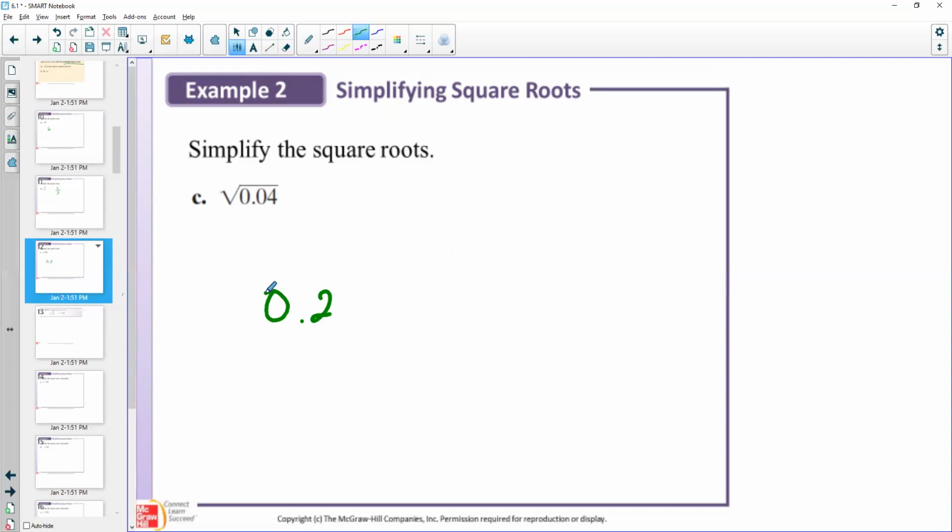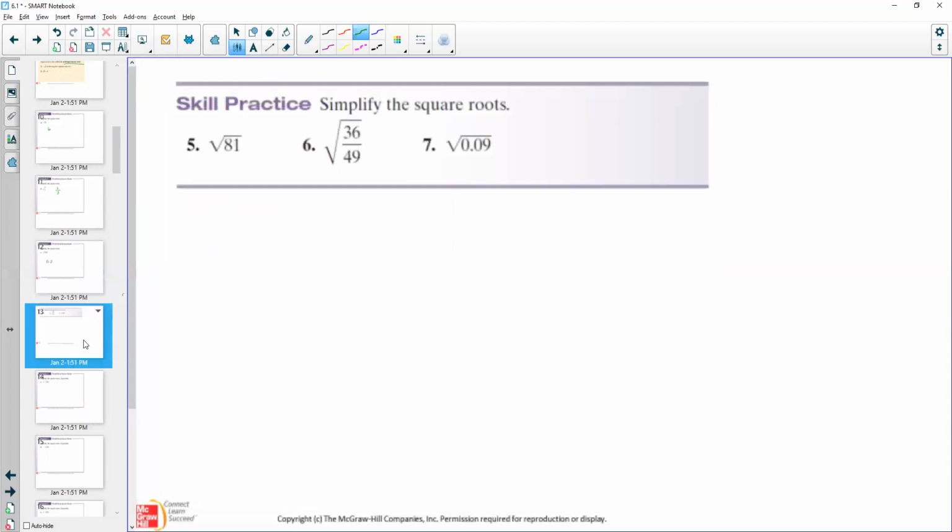You guys have calculators. You could figure this out that way. Then try these. The thing to remember about using your calculators is you should try to use your brain first, right? Because I know the square root of 81 is 9. I didn't have to calculate this. And honestly, if I put 36 divided by 49 in the calculator and take the square root of that, I'm going to get some crazy decimal.